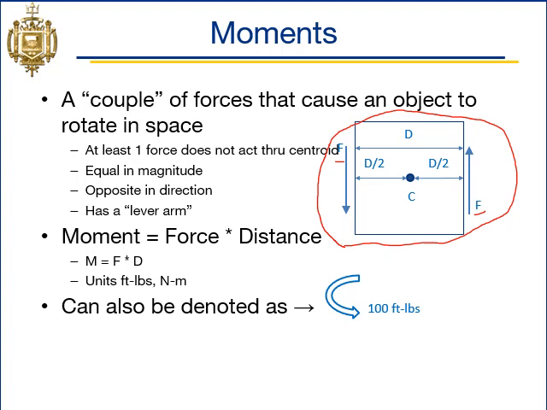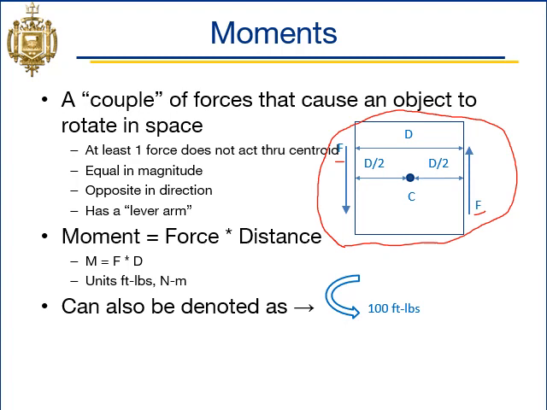Those forces are acting at a distance away from each other. They're both equal in magnitude, opposite in direction, and a lot of times we talk about moments having a lever arm.